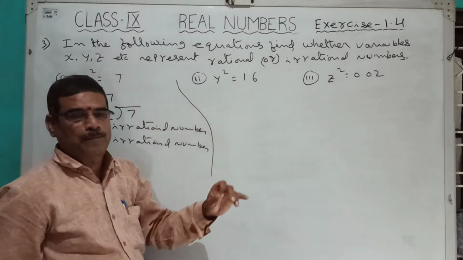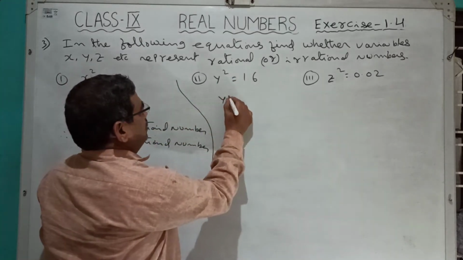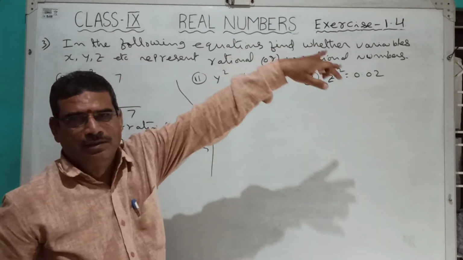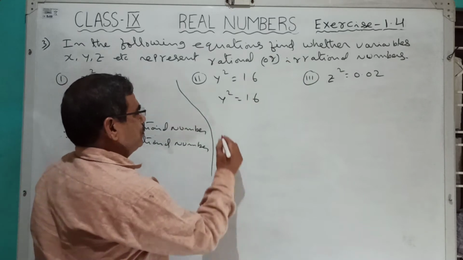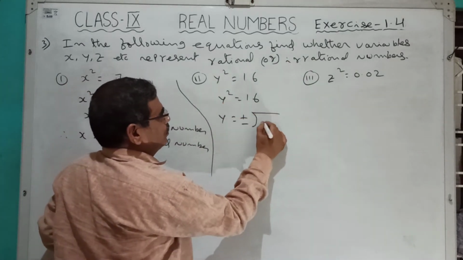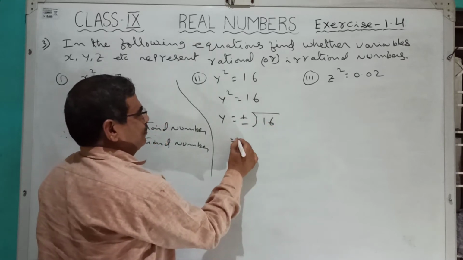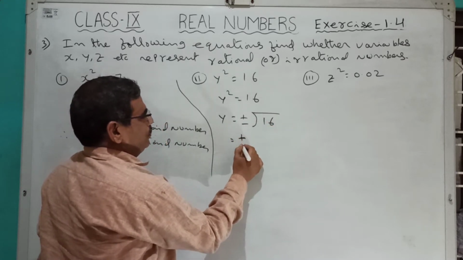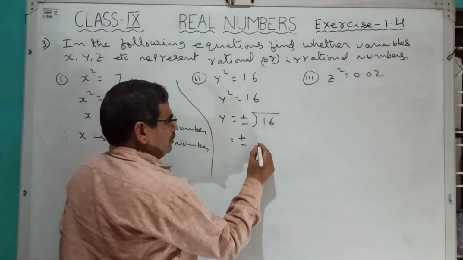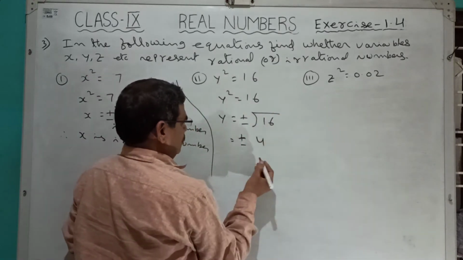Second one, y square is equal to 16. Square goes to the right side, meaning square root. So y is equal to plus or minus root of 16. You know the value of root 16. Root 16 means 4, so that is equal to 4.